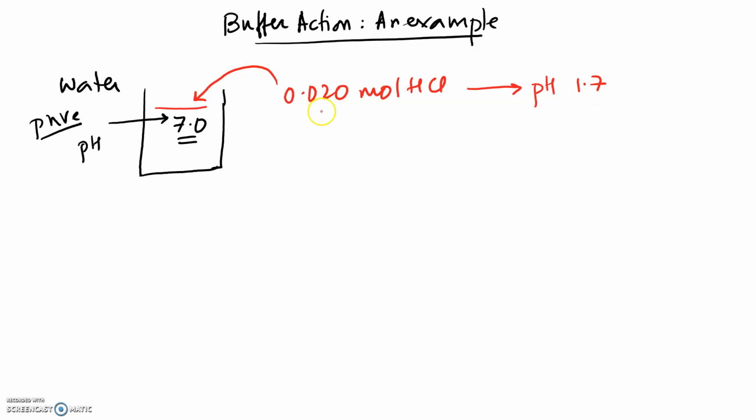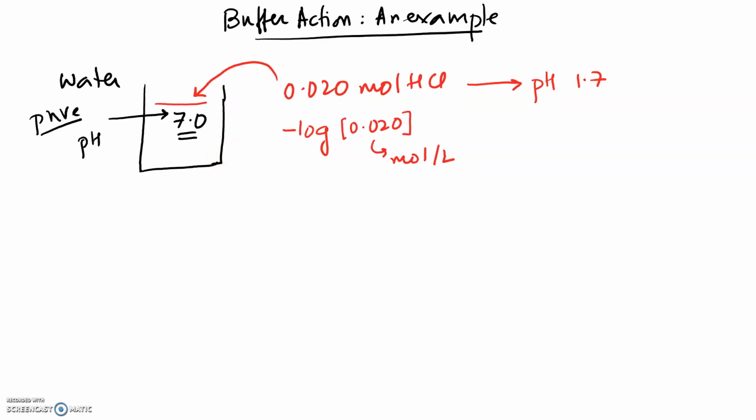Well, all you got to do is take the negative log of the 0.020, which is the concentration in moles per liter. So we're going to assume that the volume of that solution is equal to 1 liter, to make things simple. And therefore, if you take the negative log of that quantity, it ends up with a pH of 1.7.